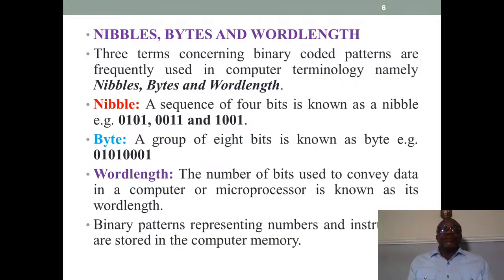Because in computers, we hear jargon like nibbles, bytes, and word length. A nibble is a sequence of 4 bits. That is, any 4 bits you put together in computer terminology is known as a nibble.